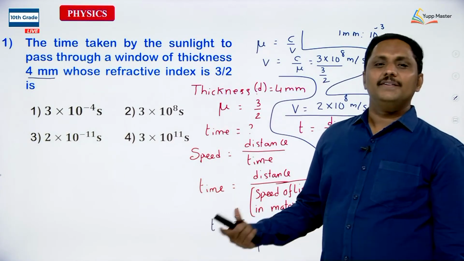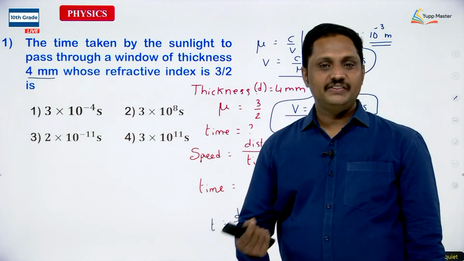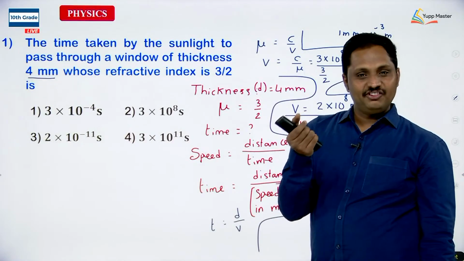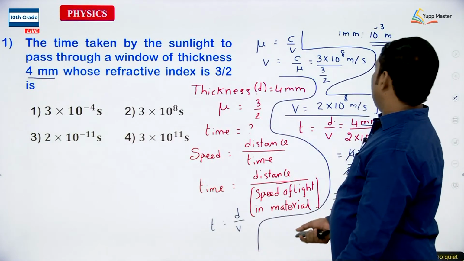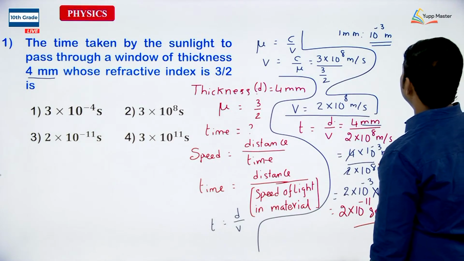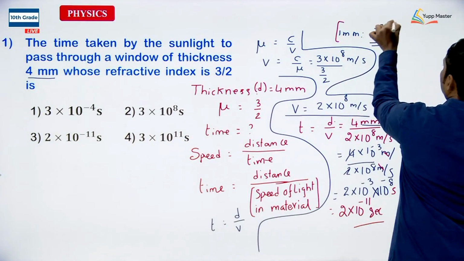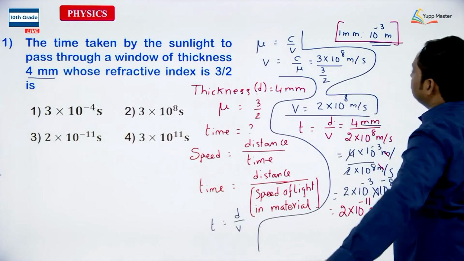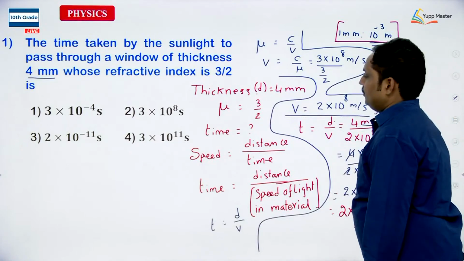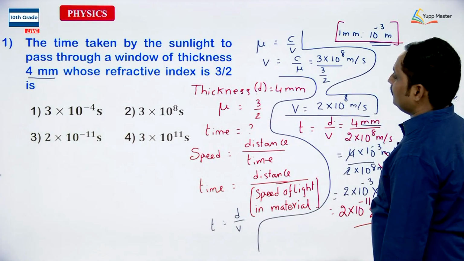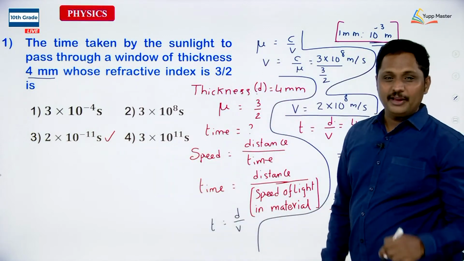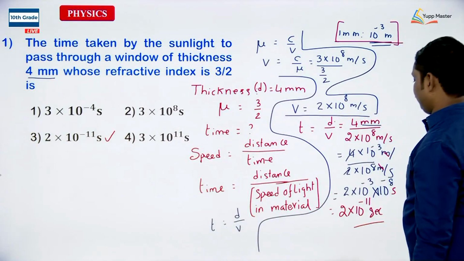If they have given the speed of light in that material, we can easily find it, but they have not given it. Simply they have given the distance travelled by the light in that material. So you can easily do that conversion also. Now it's very simple. You can express it in nanoseconds also, since sometimes they give the answer in nanoseconds.